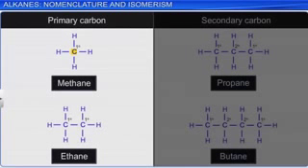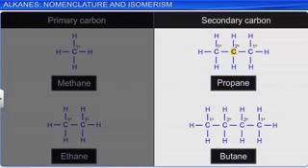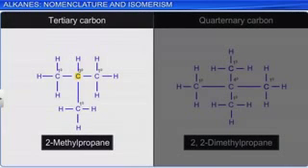When a carbon atom is attached to hydrogen or just one other carbon atom, it is said to be primary carbon. When a carbon atom is attached to 2 other carbon atoms, it is said to be secondary carbon. When a carbon atom is attached to 3 carbon atoms, it is said to be tertiary carbon.